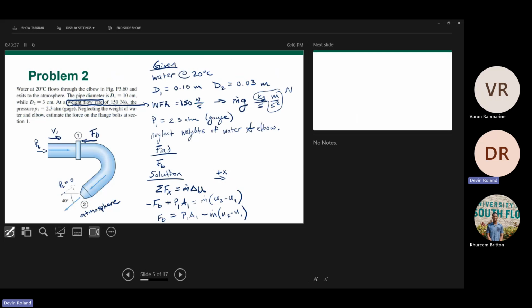This is kind of what I was getting at when I was talking about the pressure directions, right? So the pressure, right, right. Yeah. So if you think about the control volume here, right?